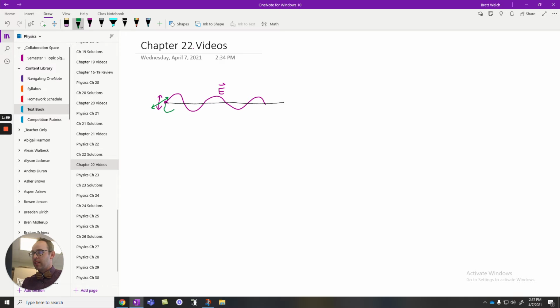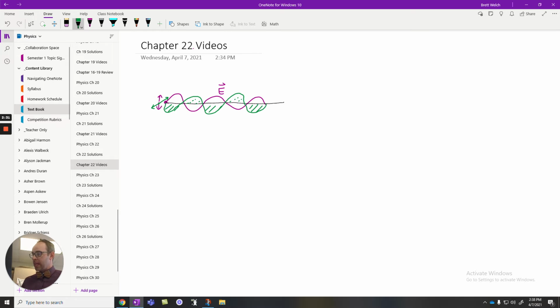This is really hard to draw, because it looks like they're in line with each other, but this is into the page back here, coming out of the page, into the page, and out of the page. So there's an up and down movement, but also a side to side movement: two different sine waves happening simultaneously and feeding off of each other.